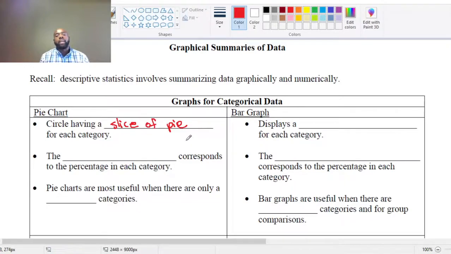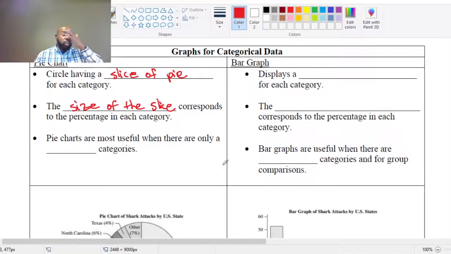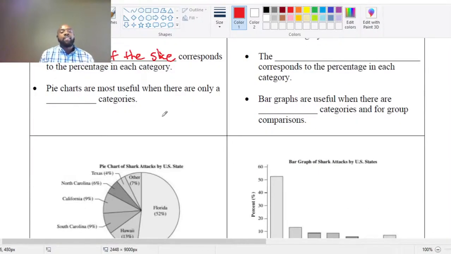Remember, categorical data are data for variables whose values fit into one of several categories. And so there's a slice of the circle that represents each category. The size of the slice corresponds to the percentage in each category. Pie charts are most useful for data that only have a few categories.